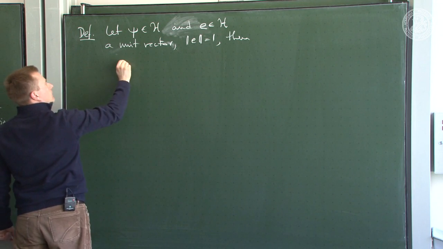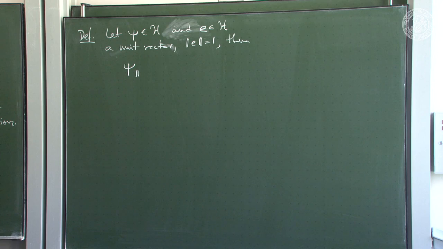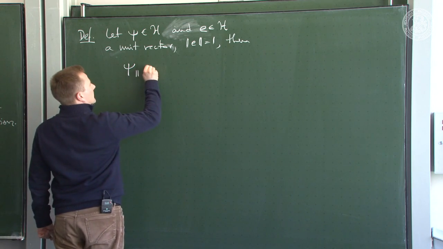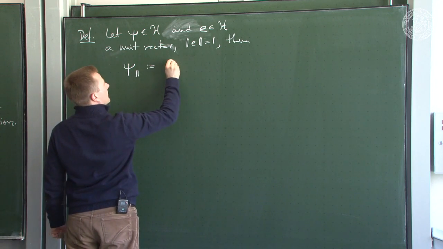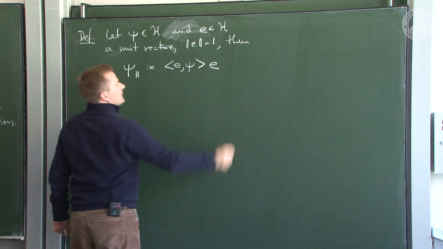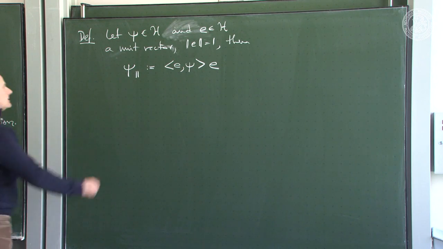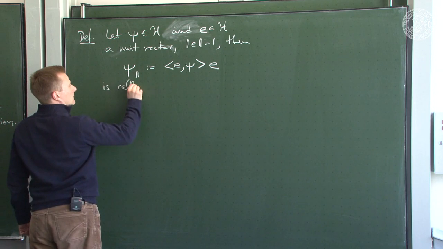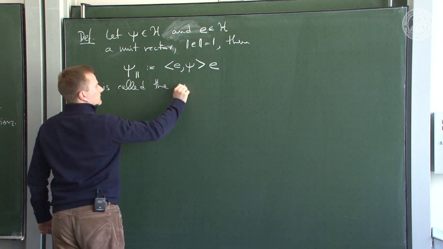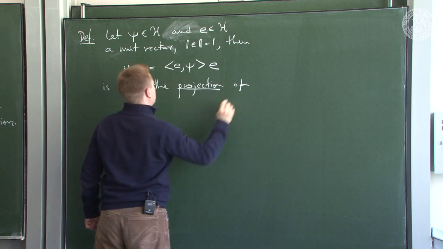Then we define psi parallel, namely parallel to E, as that part of psi which you obtain by projection to E in this fashion. So that's just a definition. It's called the projection of psi to E.